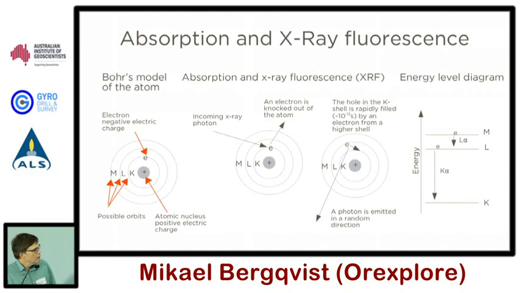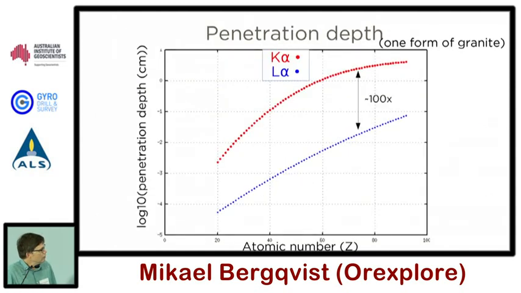The transitions between the outermost shells are of slightly lower energy, and the transition to fill the K shell, if the K electron has been kicked out, especially from the heavier atoms, represents quite a high energy in the fluorescence. Here is a curve showing what we call the penetration depth, actually the power of emission from within the core.